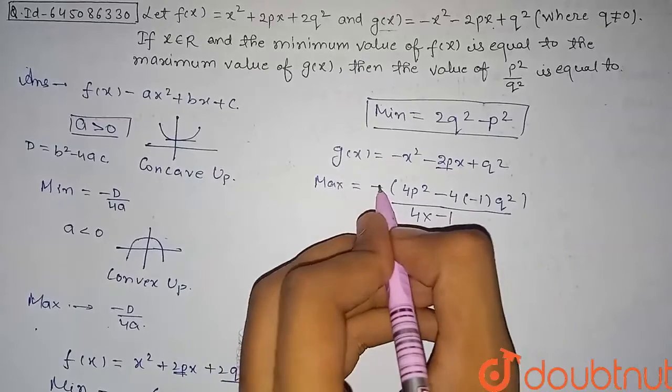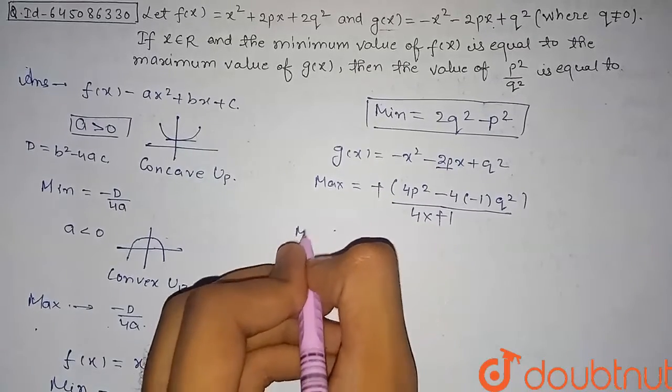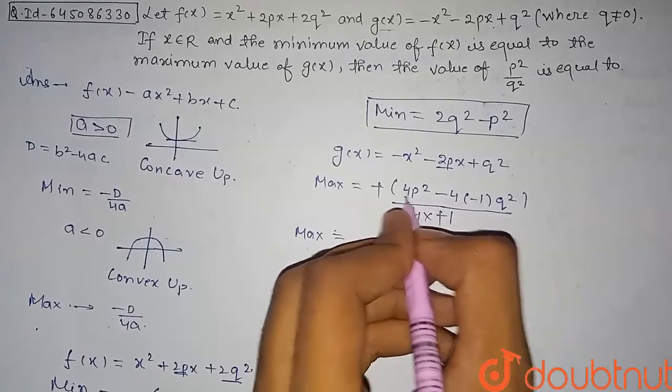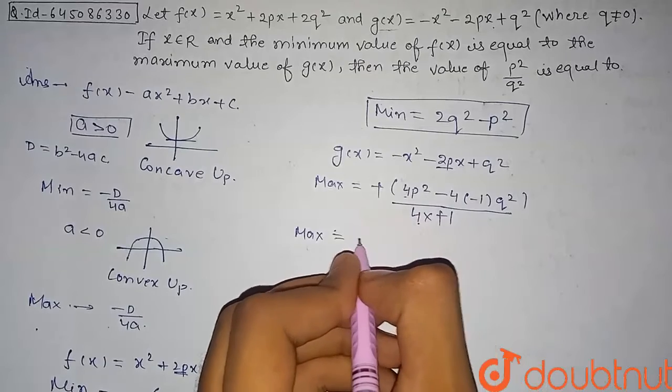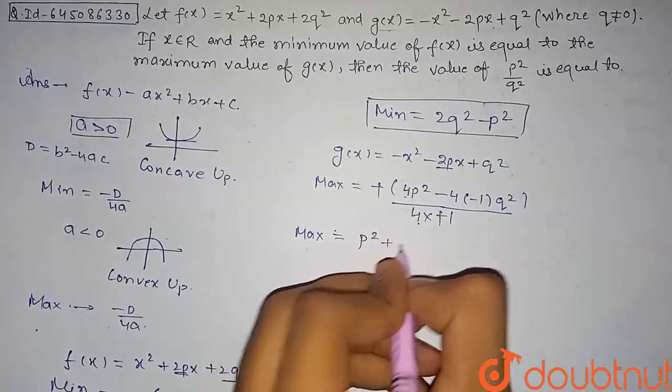Cancelling the minus sign with this sign, it becomes plus, and we get the maximum value of g(x) as 4p square plus 4q square over 4. On cancelling 4 from numerator and denominator, we get p square plus q square.